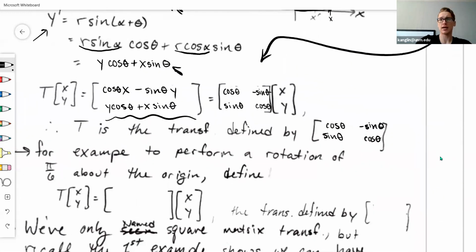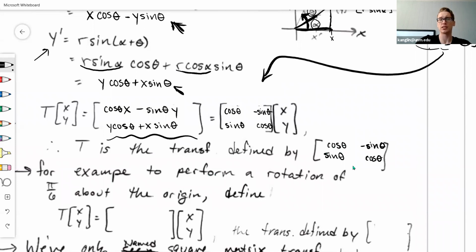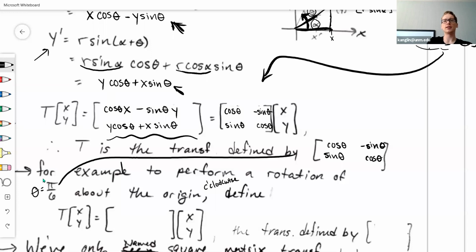To make sure we see exactly how useful this is or how easy it is to use, let's look at an example. Example: to perform a rotation of pi/6 about the origin counterclockwise. So all we need to do is plug in theta equals pi/6 into this matrix that defines the rotation. Cosine of pi/6, do this math with me if you will, √3/2.